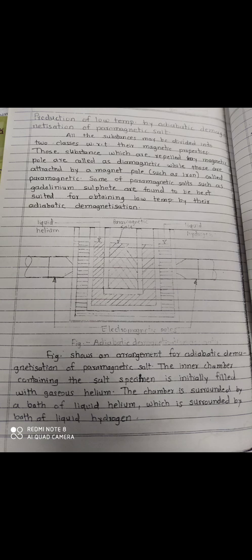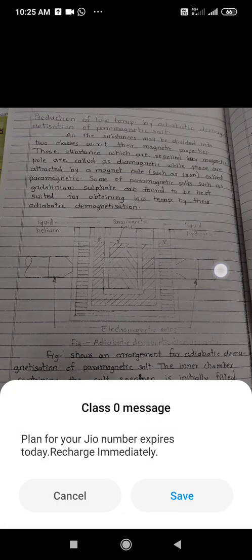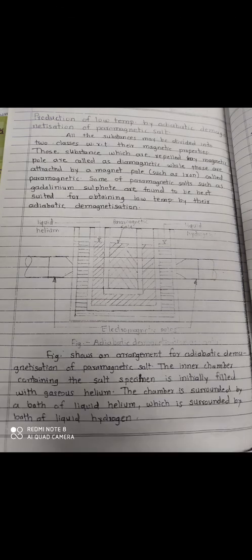Some of these paramagnetic salts, such as gadolinium sulfate, are found to be best suited for obtaining low temperature by their adiabatic demagnetization. So what is this adiabatic demagnetization?